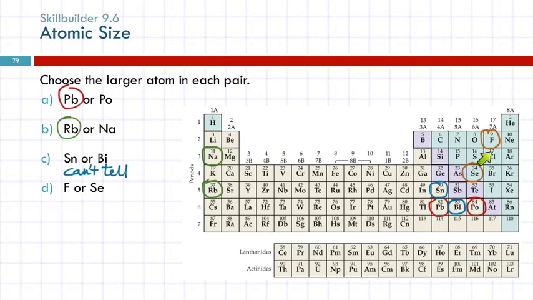As we go across, elements get smaller. So that predicts that fluorine is smaller. The other trend is that as you go down, things get larger. That also predicts that fluorine is smaller. So we can predict this one. Fluorine is smaller. That means that selenium is larger. Any questions?